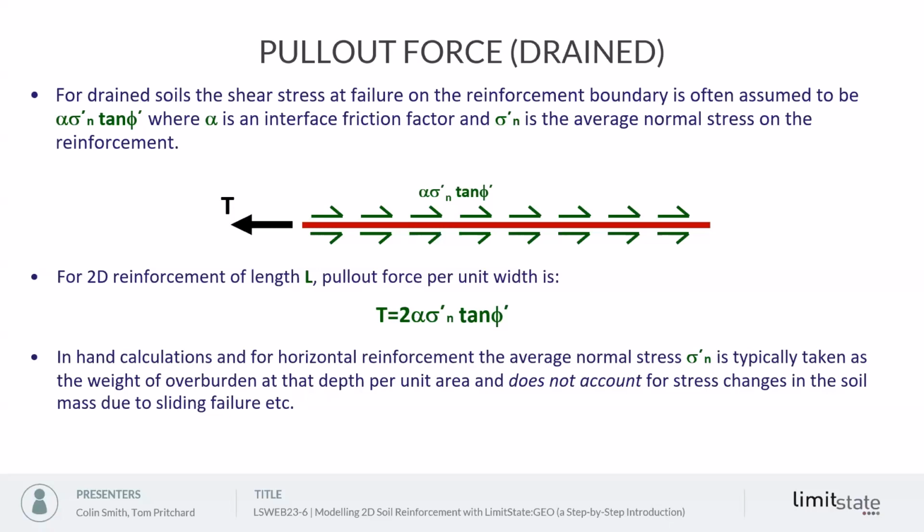And so the total pull-out force, if we've got a length L, is 2 alpha sigma n tan phi dashed, multiplied by L, which I've missed off my slide. And it's 2 because we're using the shear stress on the top and the bottom. And typically in hand calculations, conventional calculations, the average normal stress on the reinforcement is typically taken as the weight of overburden at that depth per unit area. And that's what the software does automatically for you.